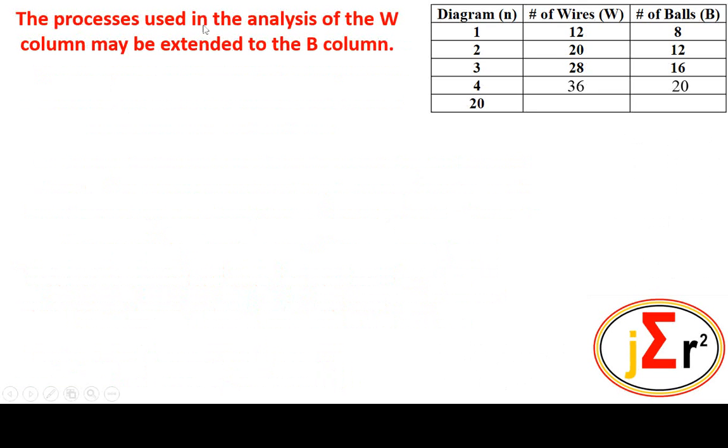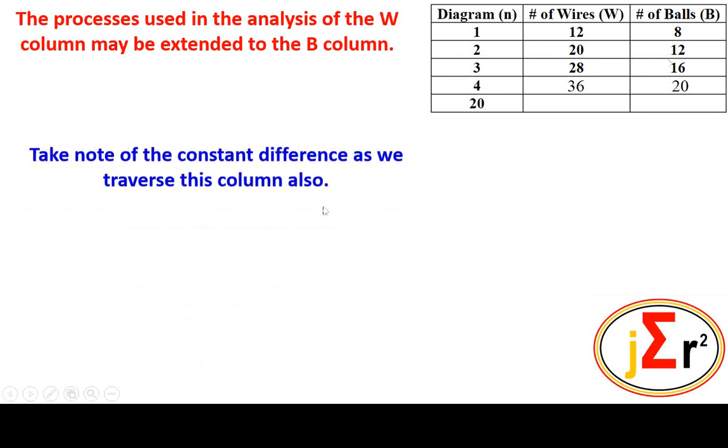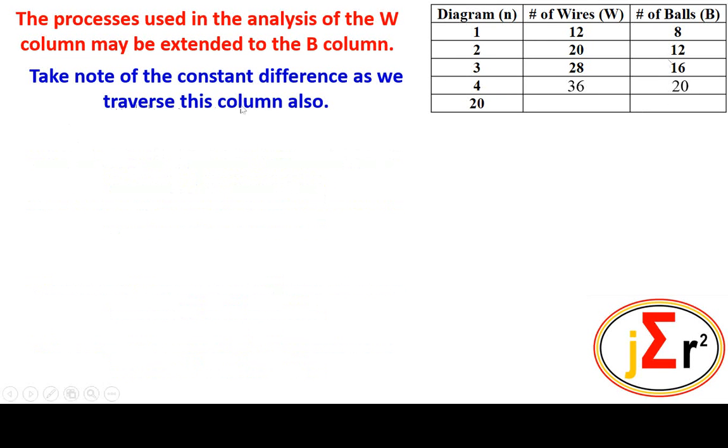The processes used in the analysis of the W column may be extended to the B column. Take note of the constant difference as we traverse this column also, and that constant difference is 4. 8 plus 4 is 12, plus 4 is 16, plus 4 is 20.